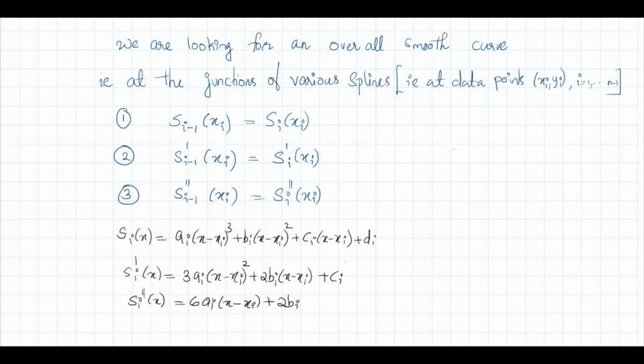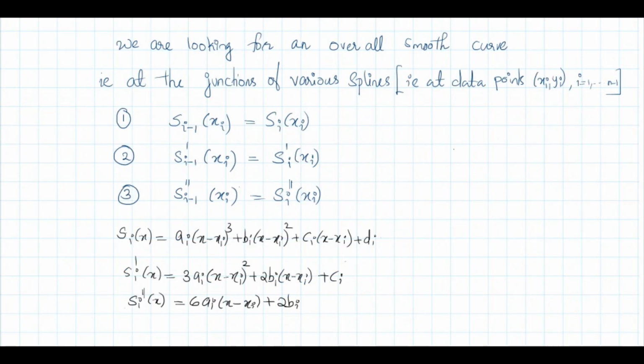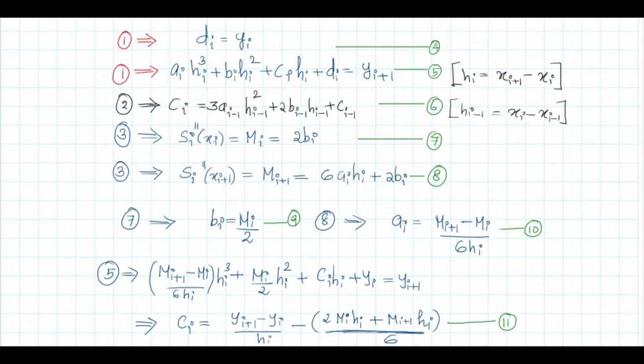Now, using the definition of splines and its derivatives, we are going to substitute in these conditions. First we will consider Si evaluated at xi as well as xi plus 1. Si evaluated at xi should be yi, and Si evaluated at xi plus 1 should be yi plus 1. So put x equal to xi here, you will get di, and that should be equal to yi.